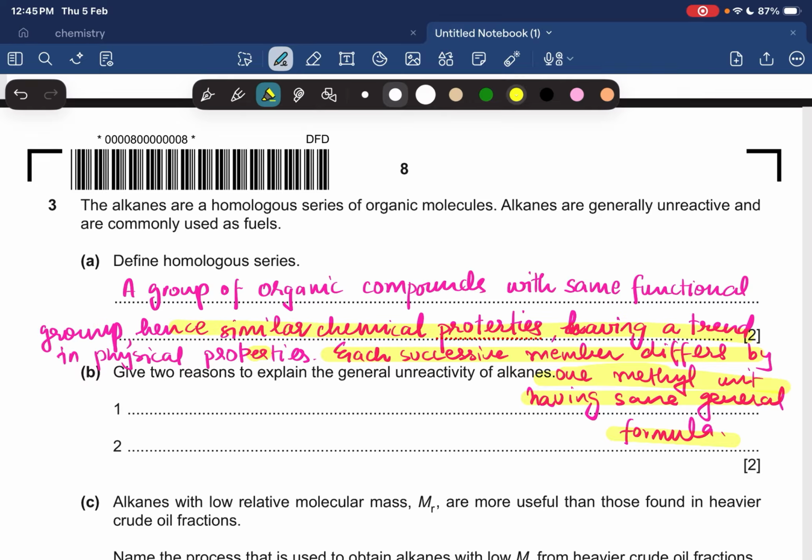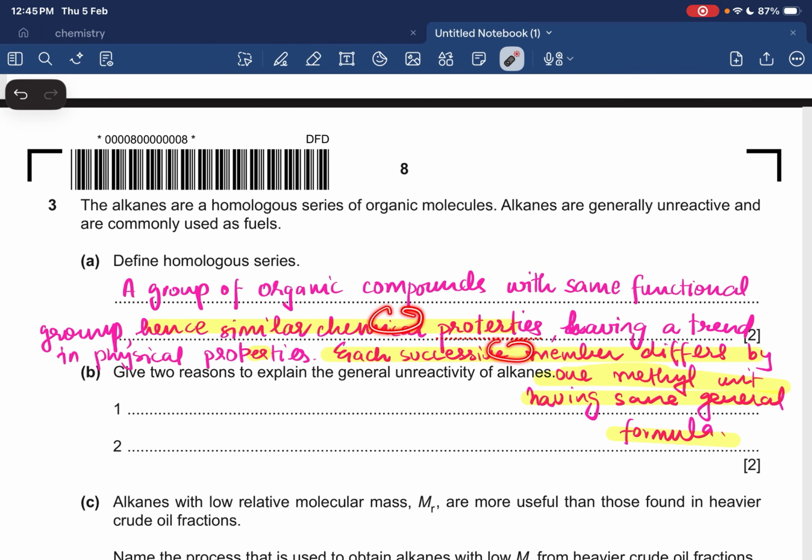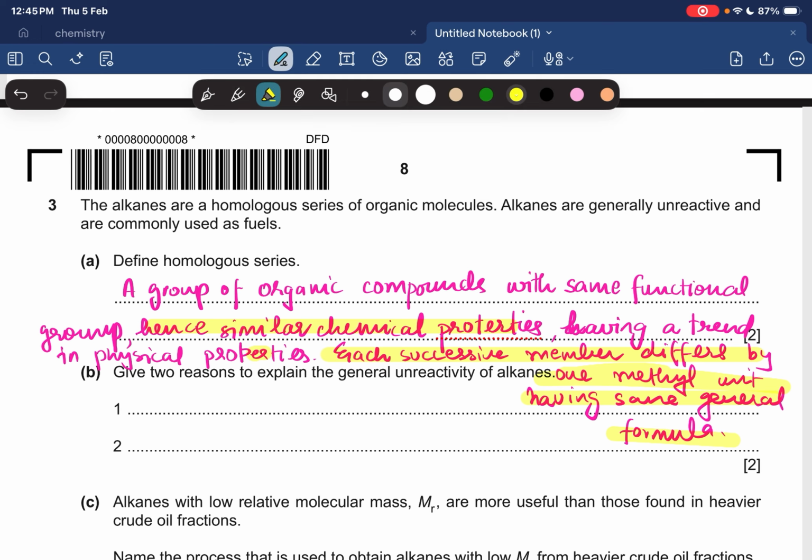Having a trend is not mentioned. So if you mention this and this point, you're going to get your 2 marks, right? But we mentioned other things as well, and I highly appreciate you guys mentioning everything you know. Everything you know that's relevant, right? Not out of the blue.